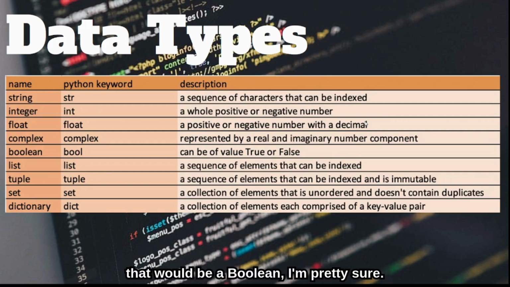No fractions. Then we have floats, which are decimal numbers. Then we have complex, which I'll get to later, but we don't need now, and it's represented by a real and imaginary number component. Then we have boolean, or bool, which can be the value of True or False.